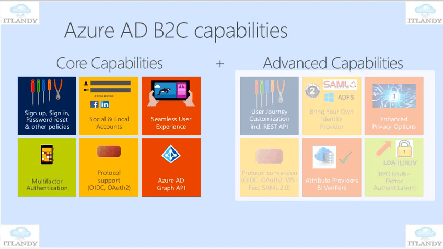Then there are social accounts or identities like Facebook, LinkedIn, and so on, for a seamless experience. We can use multi-factor authentication, supporting the most crucial part, which is OpenID for authentication and OAuth 2 for authorization. And then we use the Azure AD Graph API to interact.